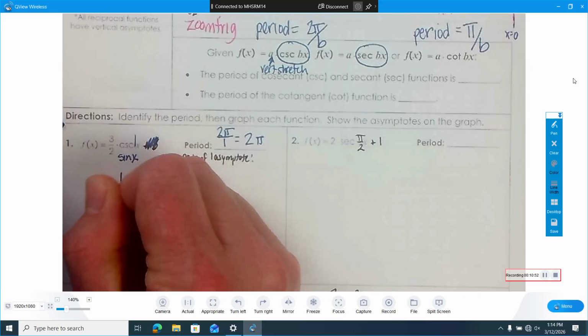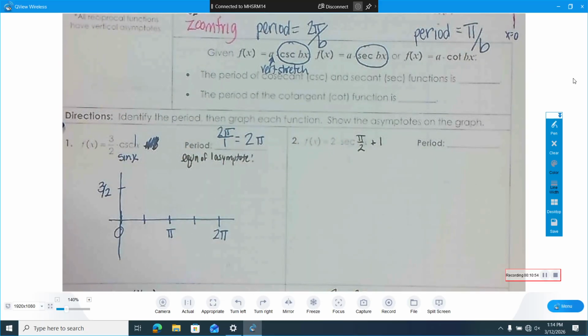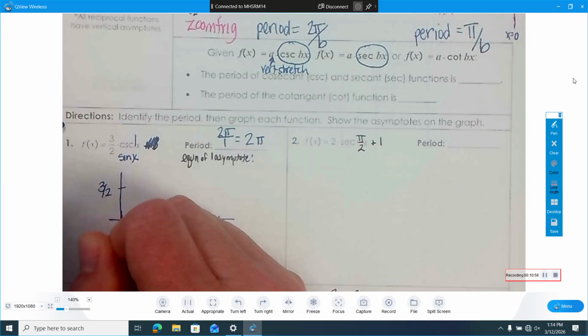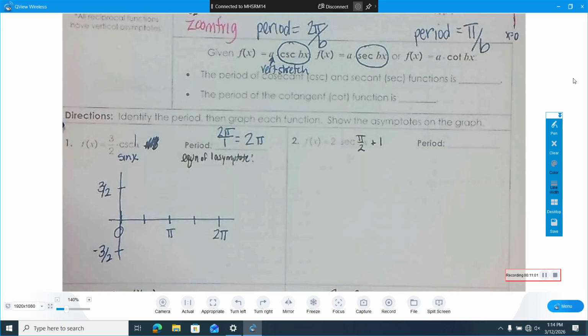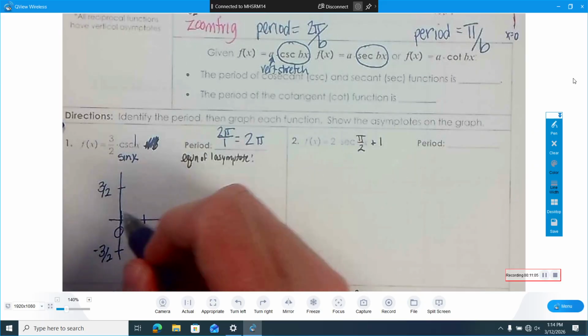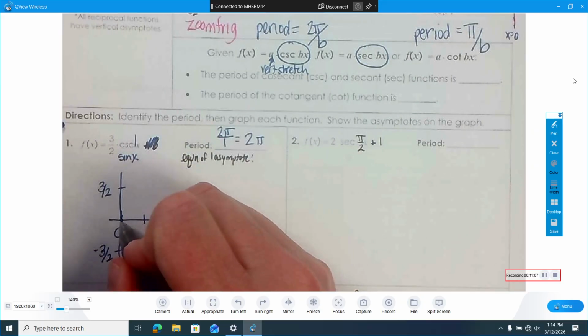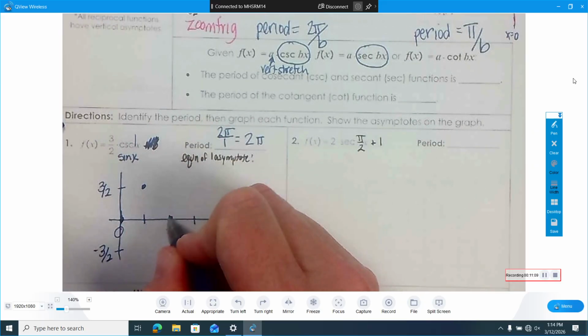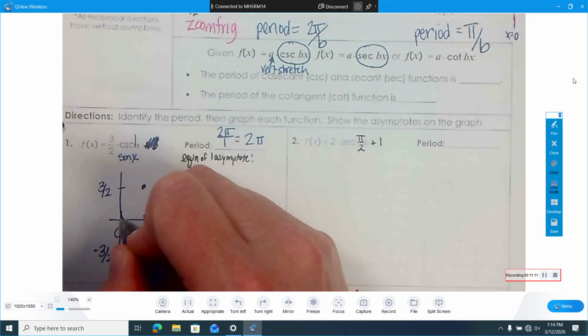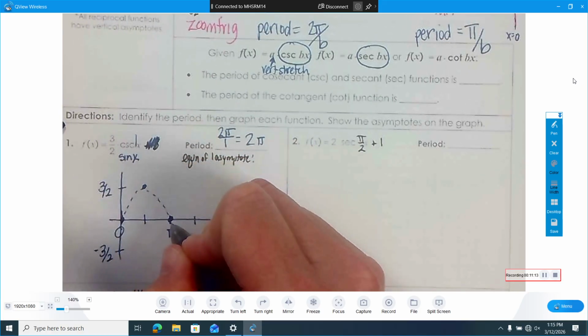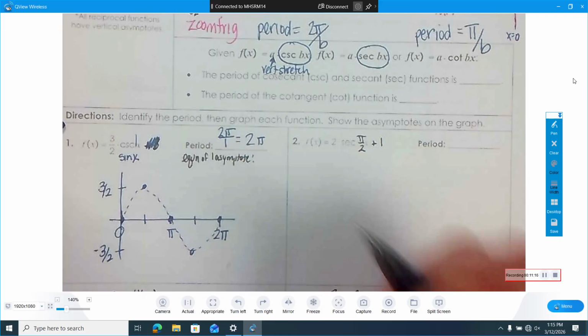Yeah, so on Delta Math, you'll actually get a dot that you'll be able to make it grow, so you'll be able to stretch it. This is my problem. Doing this on paper versus doing it in Delta Math is a little bit weird. So I'm going to do just a dotted sine function, so middle, high, middle, low, middle, and this is just what I like to call our sort of guideline here.